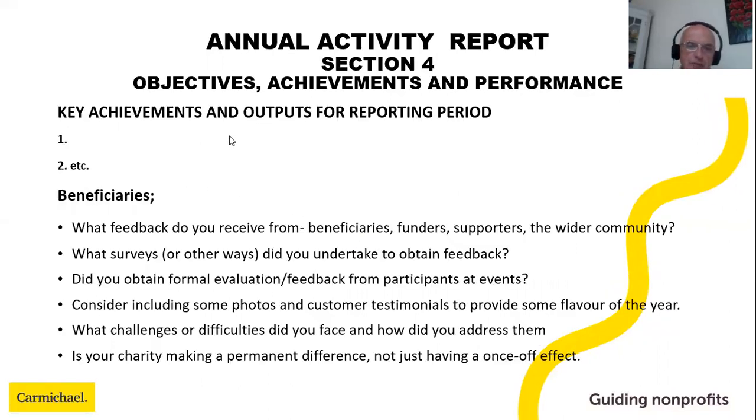The key achievements and the outputs for the reporting period. Again, we're very good at talking about our key achievements, and absolutely. Then the beneficiaries. What feedback do you receive from the beneficiaries, the funders, the supporters, and the wider community? What surveys or other ways did you undertake to obtain feedback?